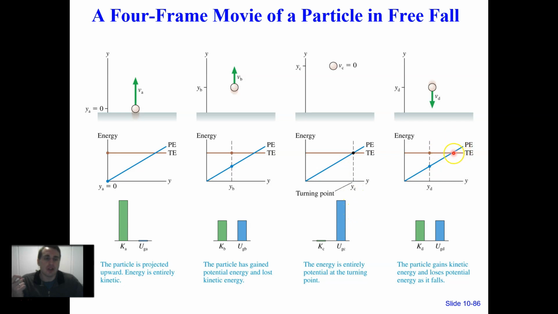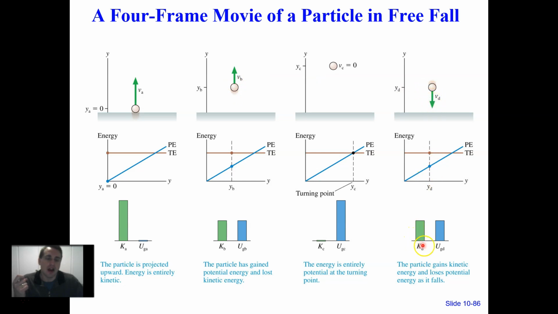So after it leaves that turning point, it starts to go downward. And notice yd, if that's equal in height to yb, then the speed should be the same as it was in situation B, but the velocity direction should be downward.